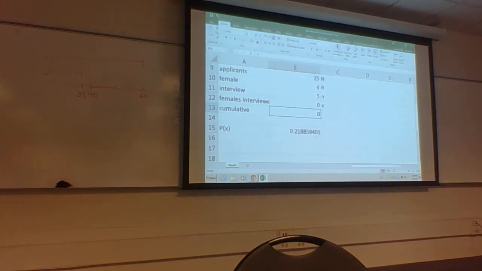What happens when I make this from 0 to 1? What happens if I do that? Didn't change at all. Why did it not change?